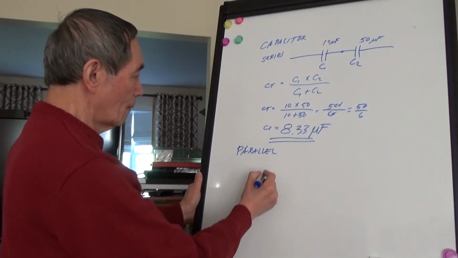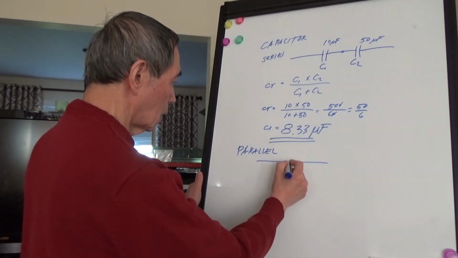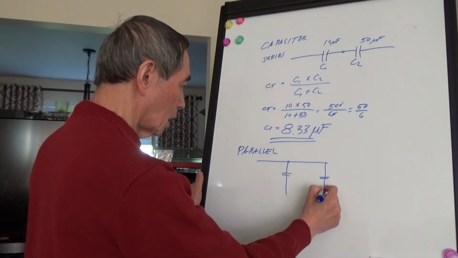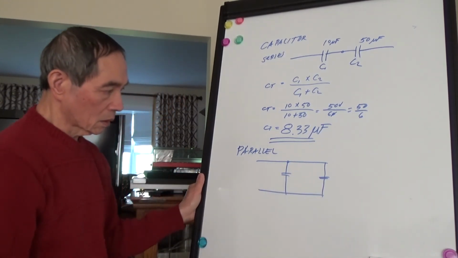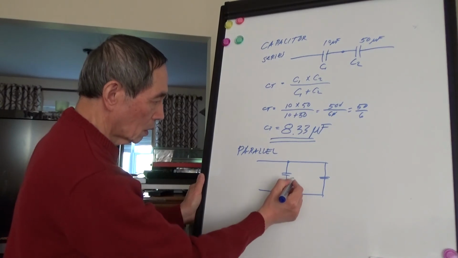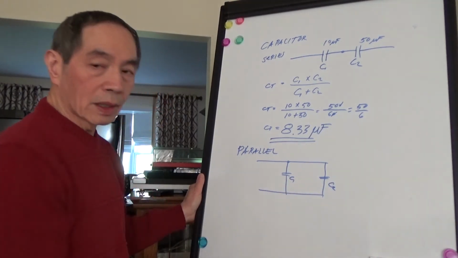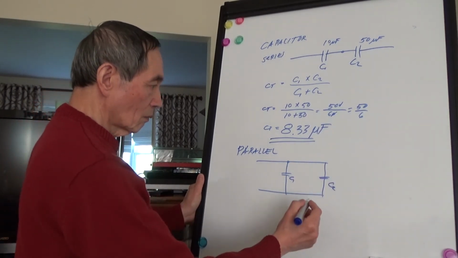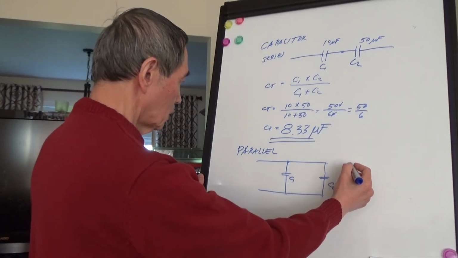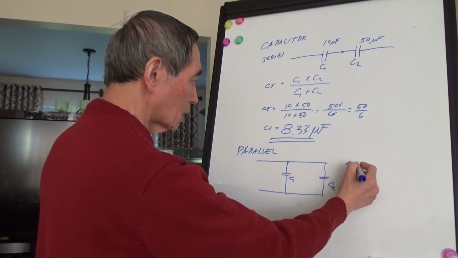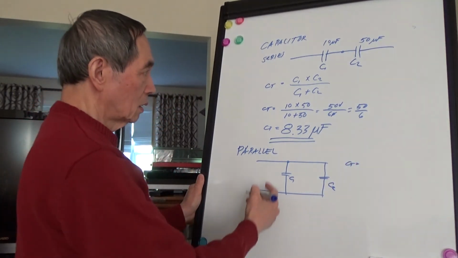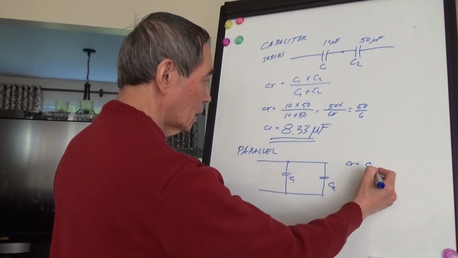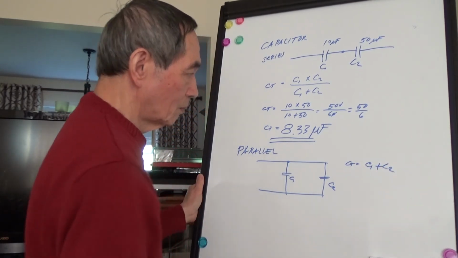Okay. Now let's try a parallel connected capacitor. It's similar to that. Let's call it C1 and C2 again. The total capacitance is the invert of the resistor, so it is equal to C1 plus C2.